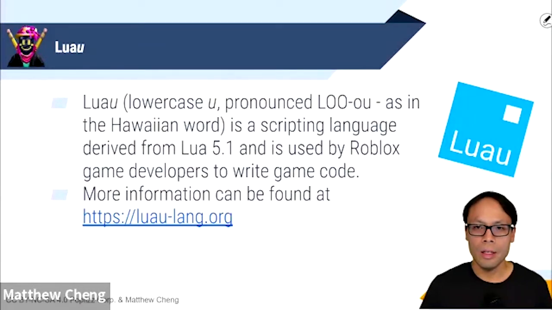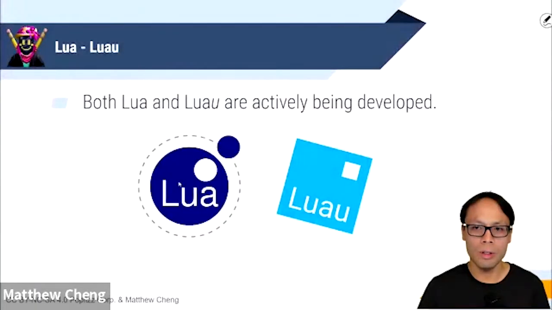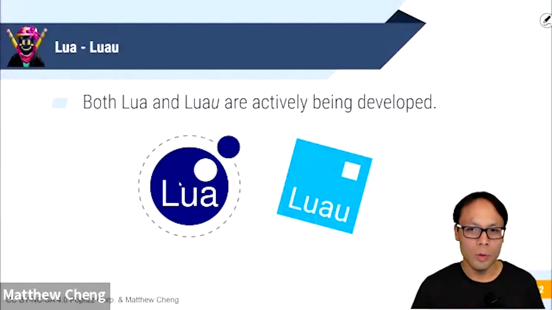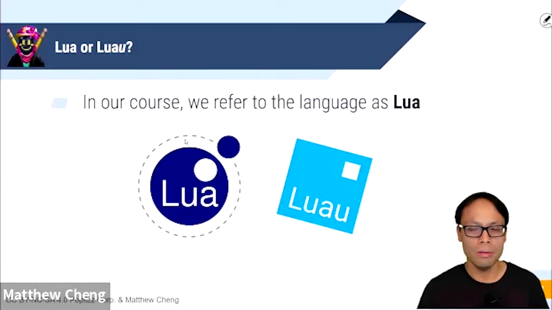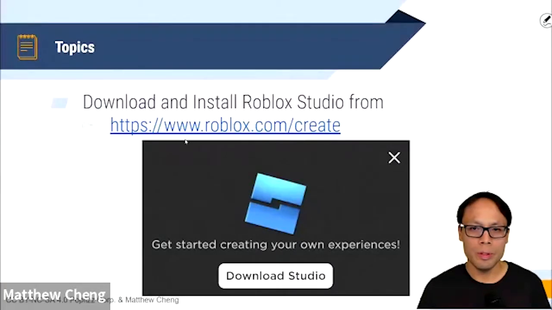So officially speaking, they call their language Luau, but in our course here, I just call it Lua. Both of them are being actively developed, but for simplicity's sake, I just refer to the language as Lua. I'll show you some code snippets in a few.